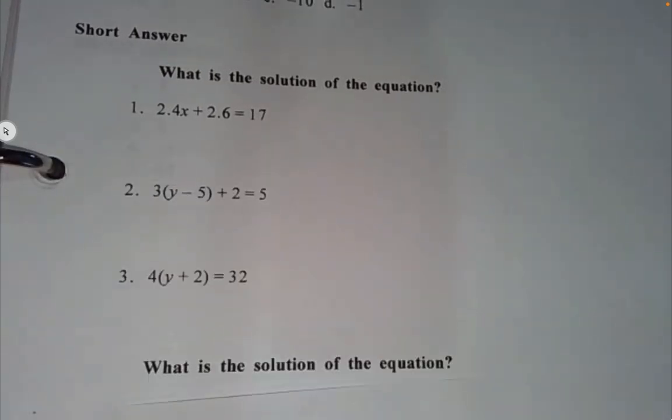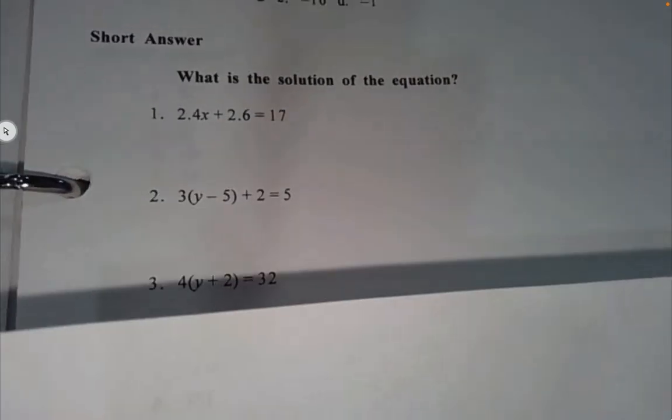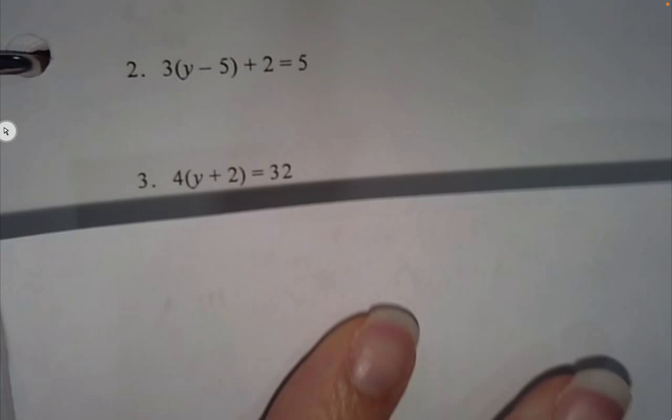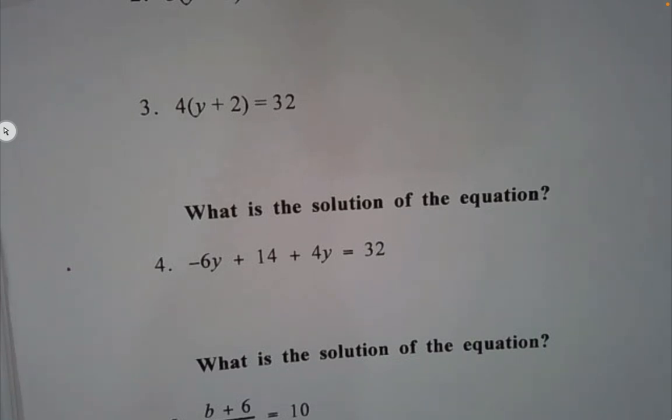Two left, I think. Yep, these are not that one. Number 3. Okay. I'm going to do number 3. So for number 3, I multiply. What's 4 times y? 4y. What's 4 times 2? 8 equals 32.